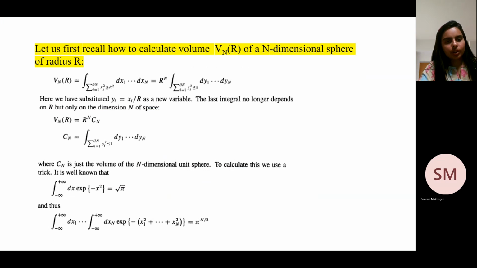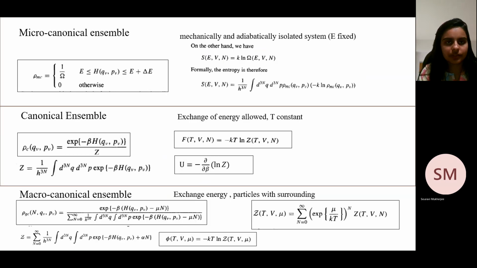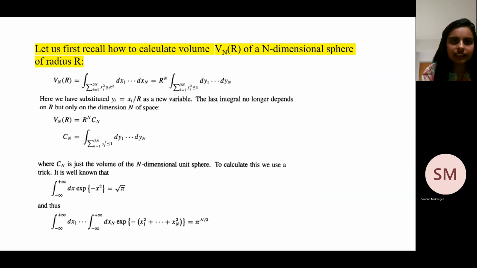So in order to find the number of microstates corresponding to some ensemble, or in order to find the thermodynamic variables based on this ensemble theory, what was important, and what we had discussed in I think our third or fourth class, was to find the volume of an n-dimensional sphere of radius r.